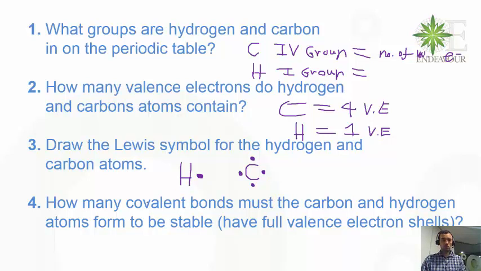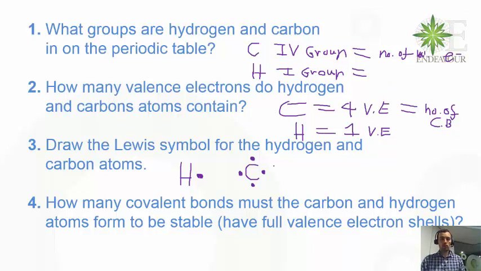Based on these Lewis dot symbols, we can work out how many covalent bonds each atom must form to get a full valence electron shell. And remember, the number of unpaired valence electrons is equal to the number of covalent bonds. So let's have a look at how many unpaired valence electrons each of these has.